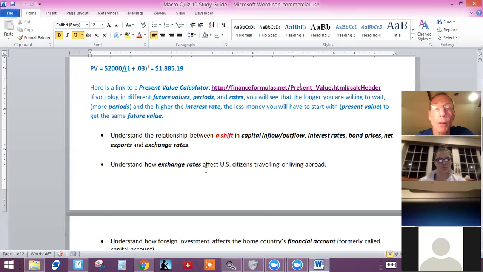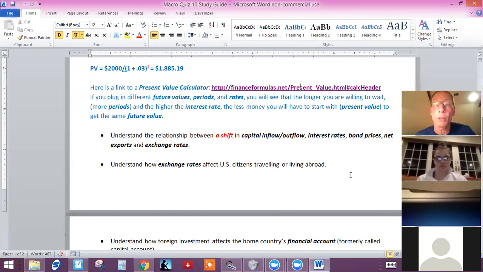Okay, understand how exchange rates affect U.S. citizens traveling or living abroad. Well, obviously, if the dollar becomes more valuable, it's going to help U.S. citizens who are traveling and exchanging dollars for whatever currency it is, right?